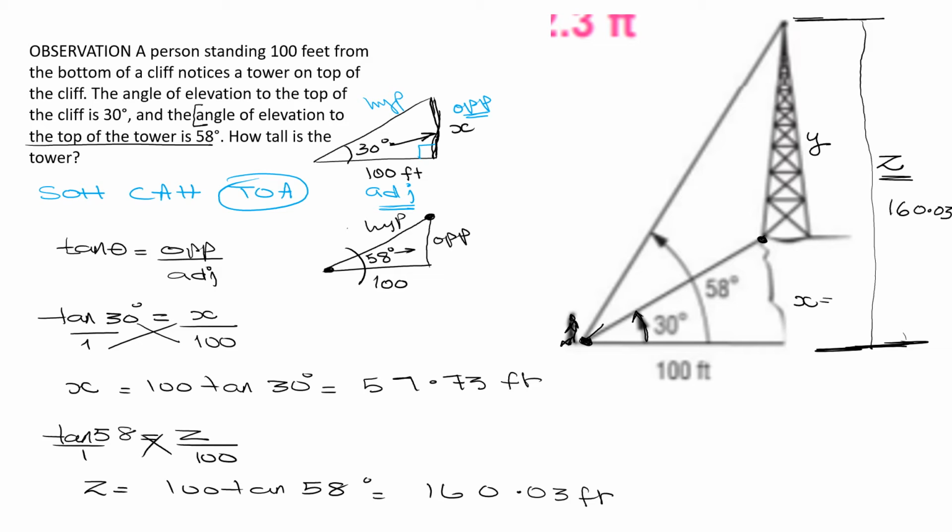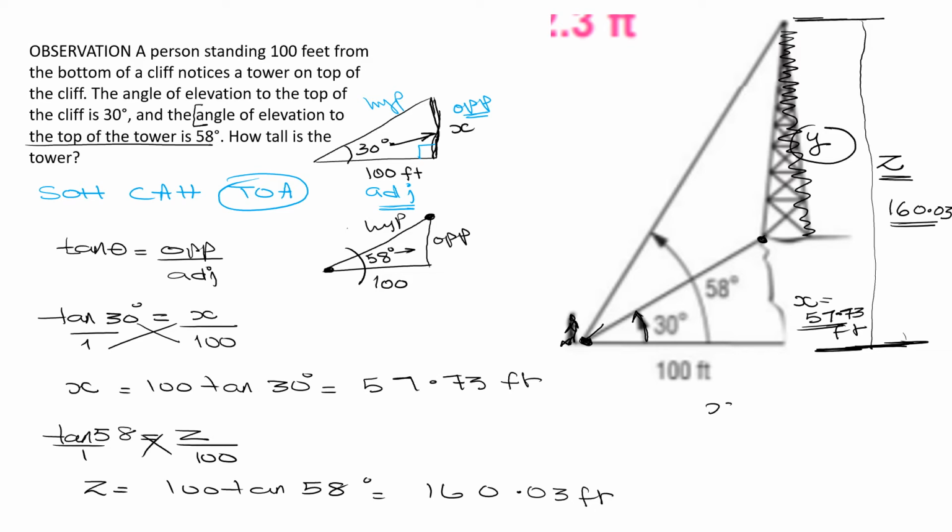The x was determined as 57.73 feet. And what they are asking is, how tall is the tower? It means you are only concerned with the height of the tower, which we said is y. So if z is 160 and x is around 58, how do we find y?